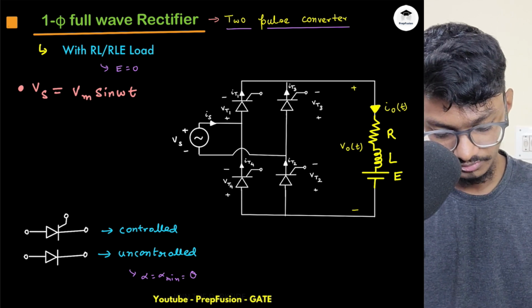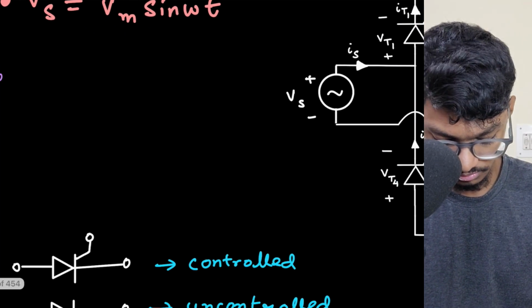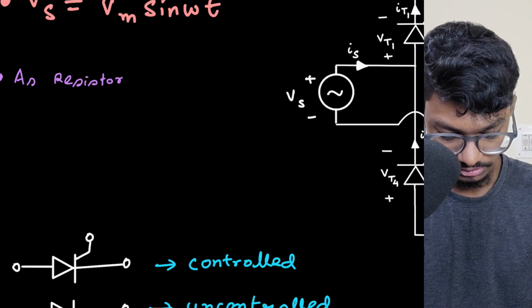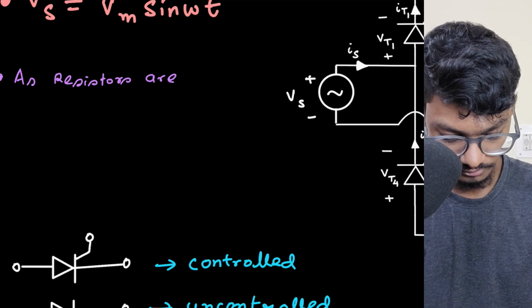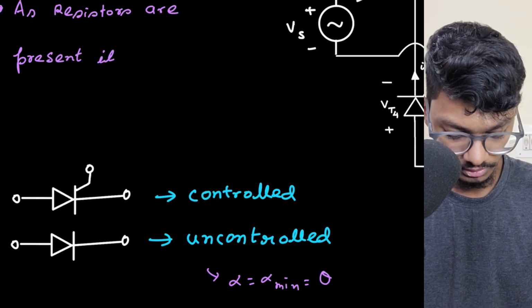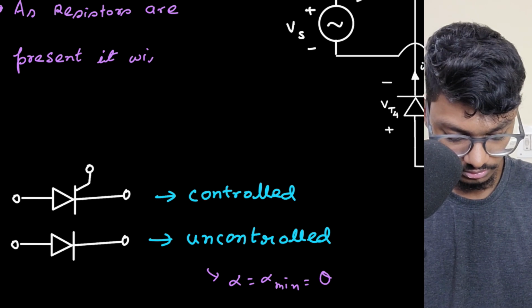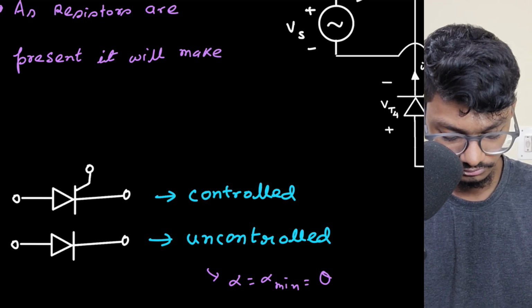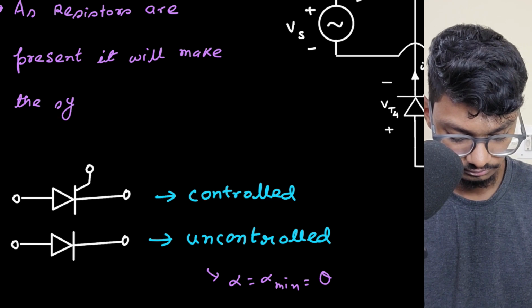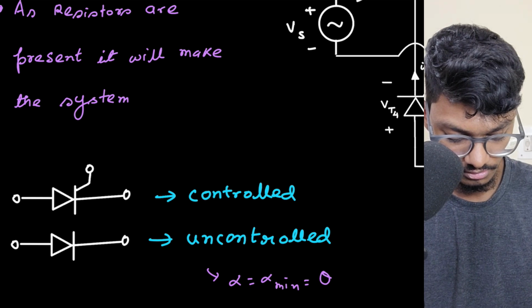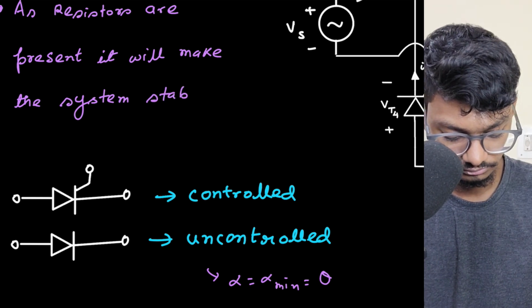So as I will write here, as resistors are present, it will make the system stable.